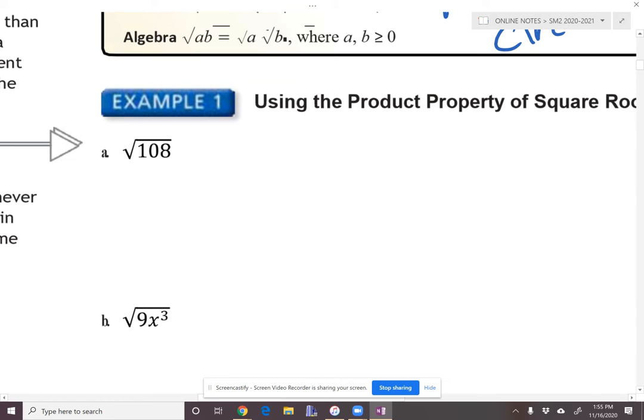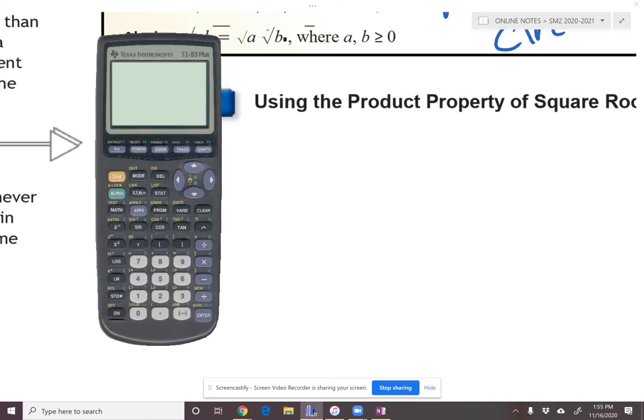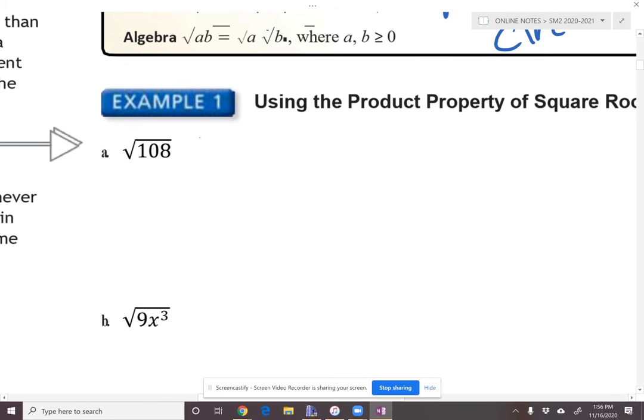This is where knowing your times tables is super important, but if not, you can grab a calculator. I might not know what multiplies to 108, but I know 108 is even, so it's divisible by 2. So I have 2 and 54. Then 54 is 6 times 9, and 9 is 3 and 3, and 6 is 2 and 3.